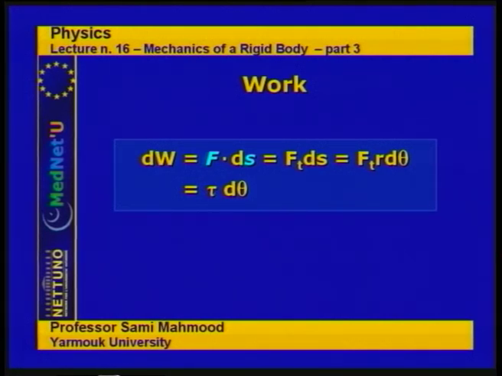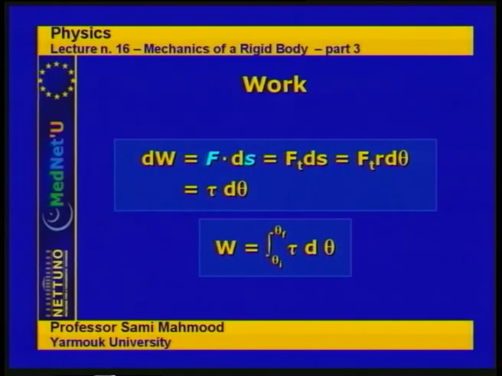And F_t times r is simply the torque acting on the rotating body. So dW is equal to the torque times d theta. That is the work done during a very short period when the rotation takes place through a small angular displacement d theta, which goes to 0.